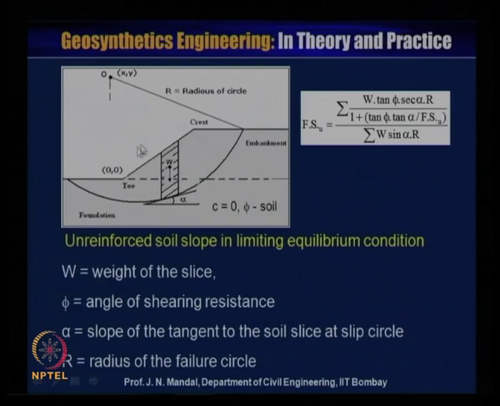Here you can see this is the soil where C is equal to 0, and this is the phi soil. This is the embankment, and this is the foundation, and this is the center of the circle whose coordinates are x and y, and R is the radius of the circle.